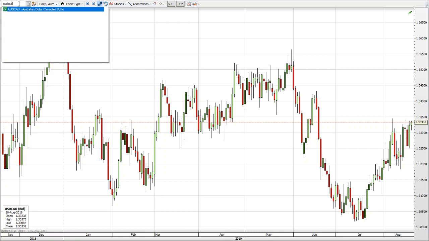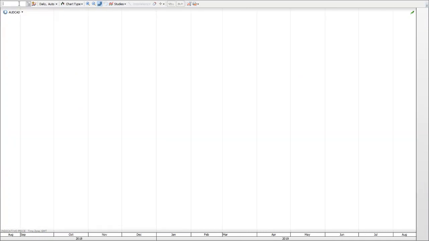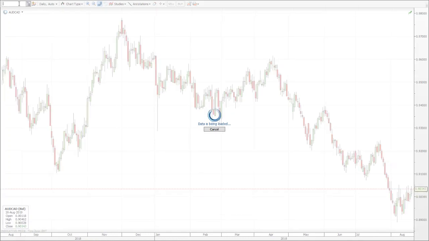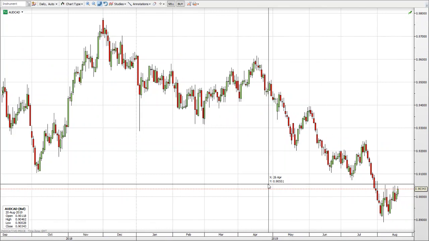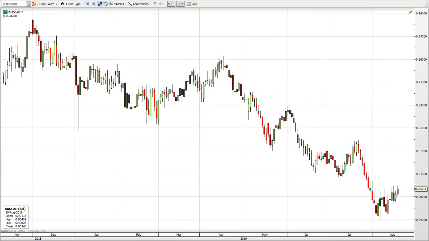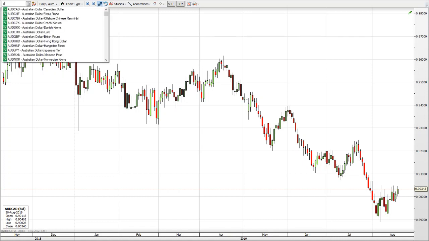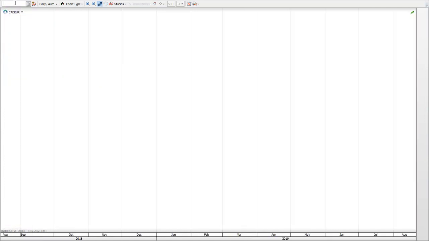If we look at the Canadian dollar against other currencies, the Australian dollar has acted quite strongly against the Canadian dollar. So what about against the euro?